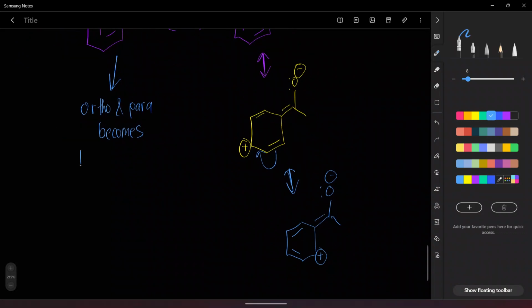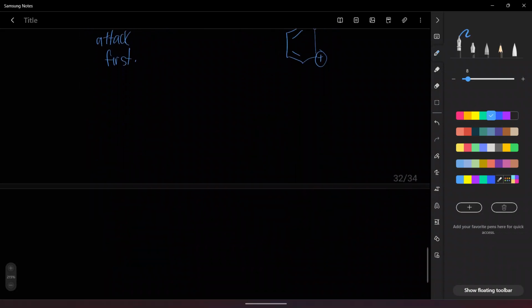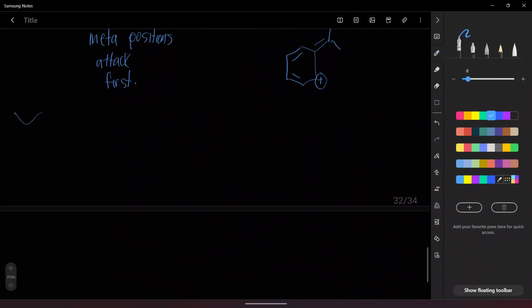So ortho and para becomes less reactive, therefore the meta positions will attack the electrophile first. Okay? Alright? So hopefully that all makes sense to you.